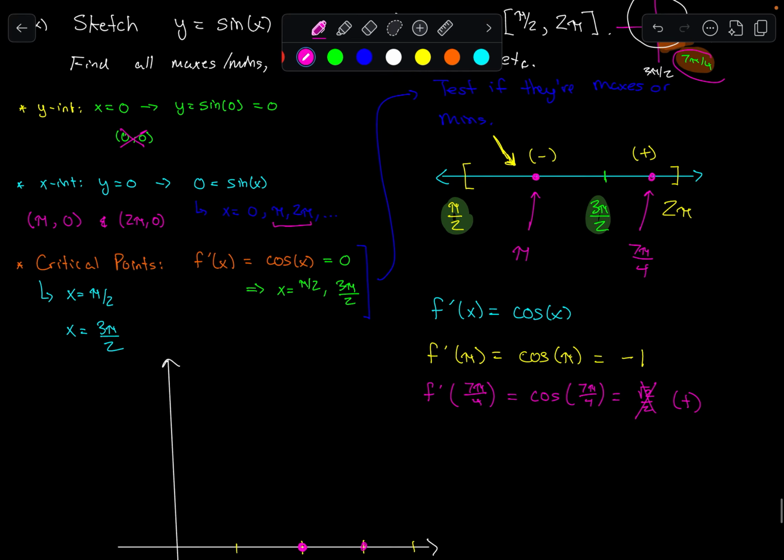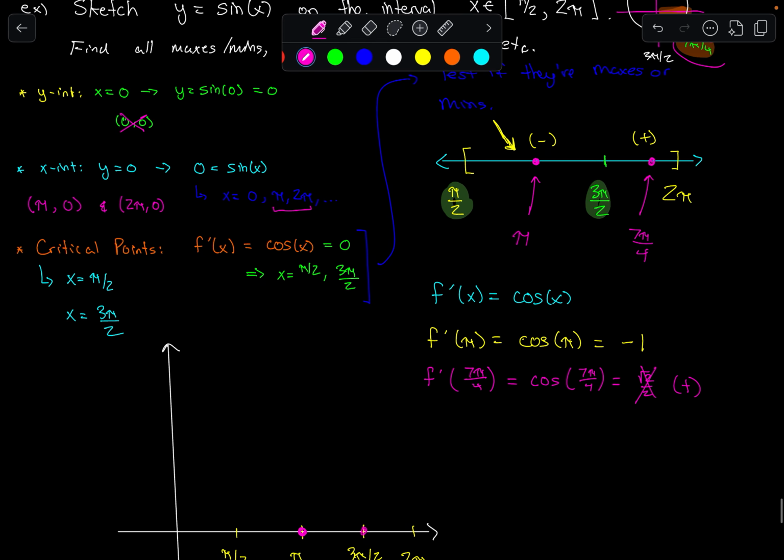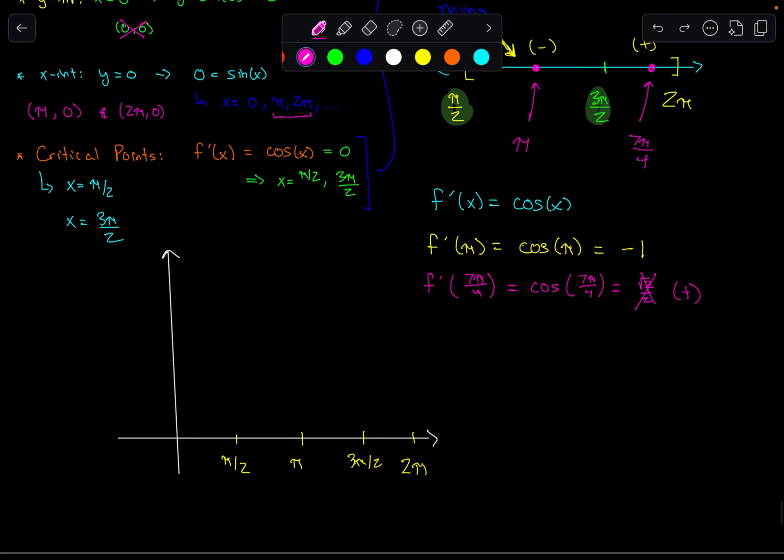And then let's see what else is going on. So, oh, no, those aren't intercepts. What am I saying? Those are the critical points. Our intercepts are at pi and 2 pi. Let's try this again. Pi and 2 pi are the intercepts of our graph. And we have critical points at pi over 2 and 3 pi over 2.